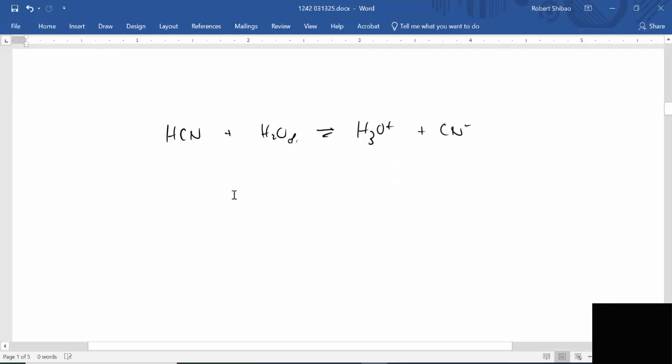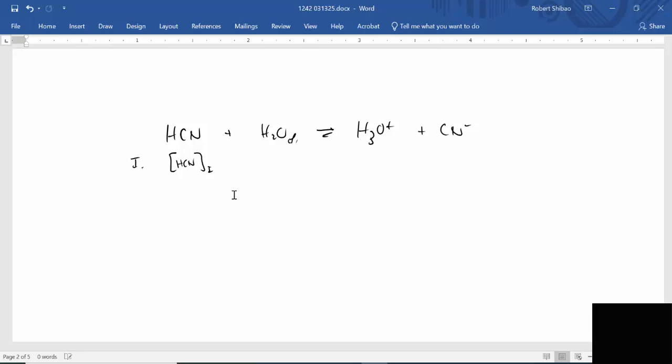So the way we're going to figure this one out is like this. The initial concentration of HCN, we have that here. Plug that in. And the initial concentration of hydronium, I'm going to put as this. What we're going to do is assume none of the HCN has reacted.